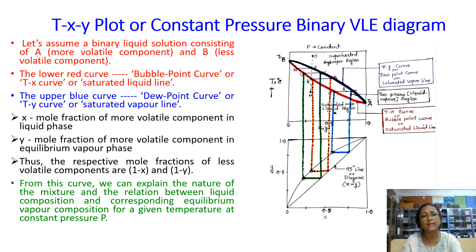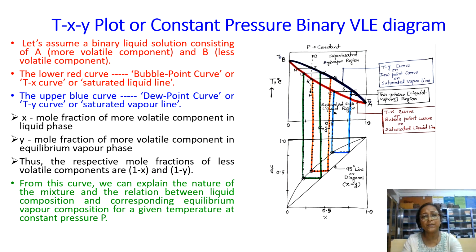So based on our assumption, the compositions of the more volatile component A and the less volatile component B are presented on the x-axis and the corresponding temperature is presented on the y-axis.